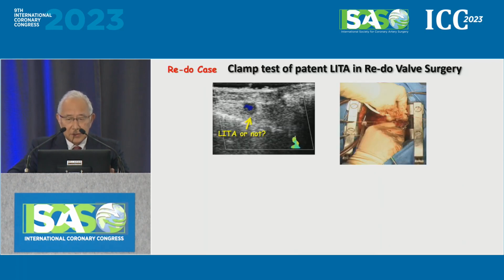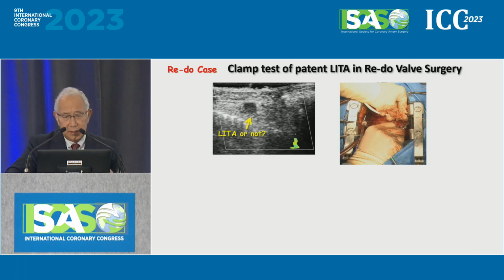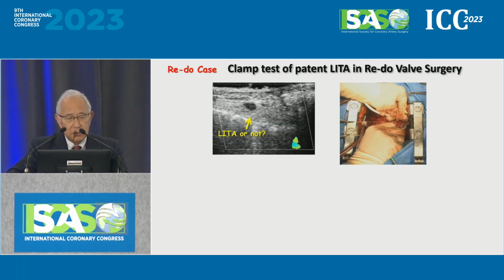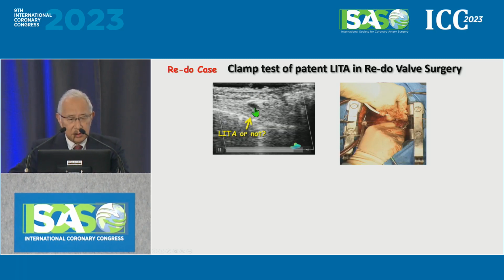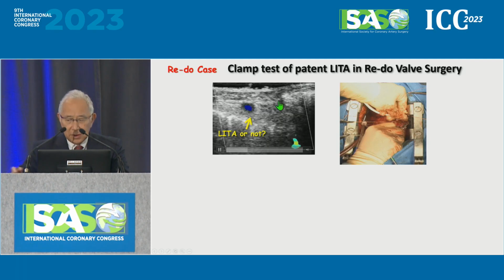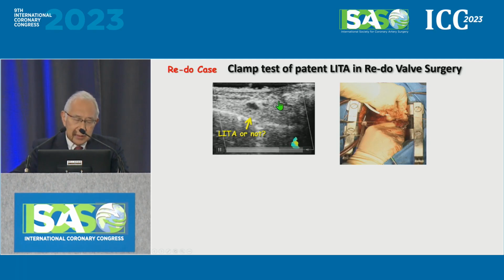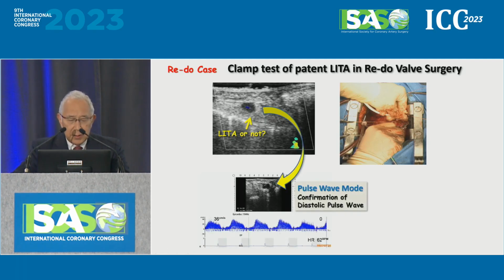This is another case of redo valve surgery. Sometimes it is quite difficult to dissect to avoid the LIMA, and you have to clamp the LIMA during the valve surgery. By echo you can see this kind of shape, LIMA, but you are not sure whether this is the LIMA or not. But that machine has a pulse wave mode.